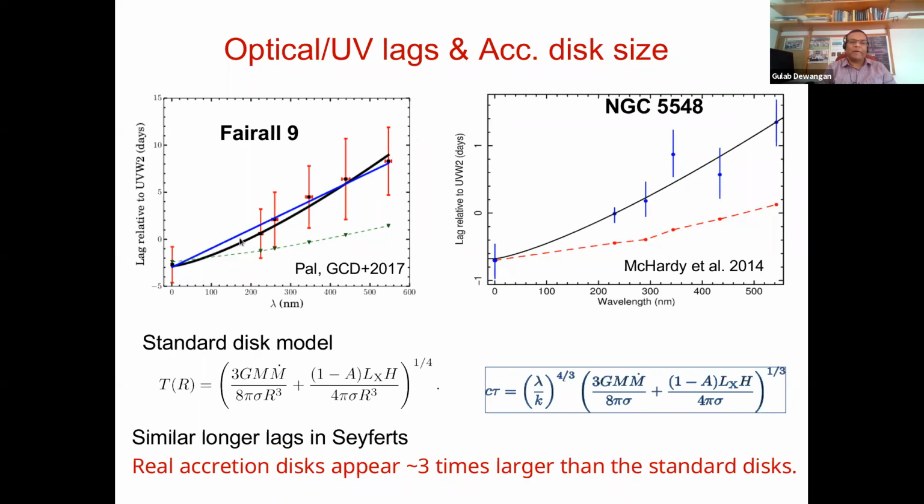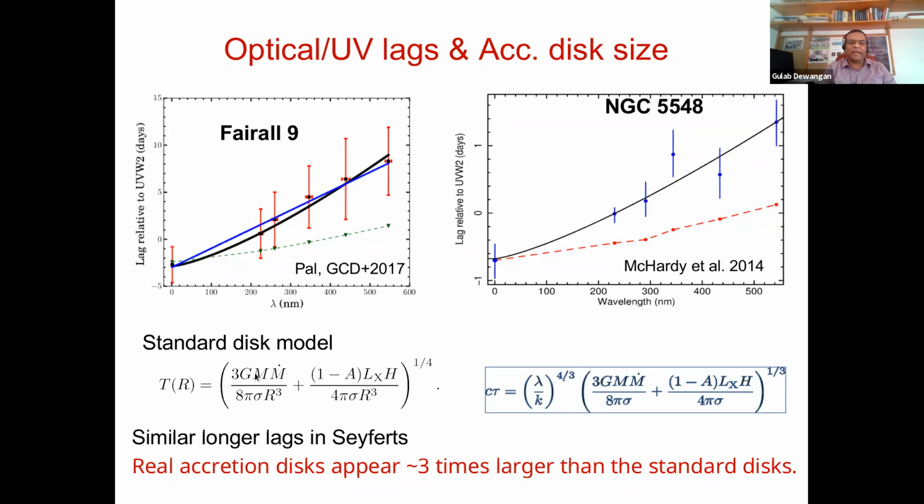So here, even a linear model, with the lag varying linearly with wavelength, can explain the data, or it can also be explained with the lag varying as lambda to the power 4/3. But the important thing is that the magnitude of the lag is longer compared to that expected from the accretion disk.